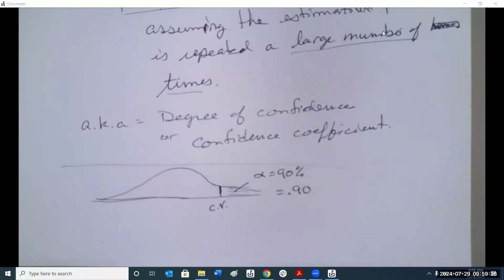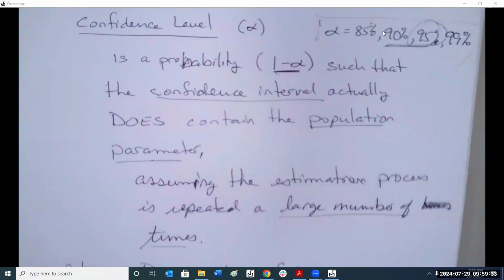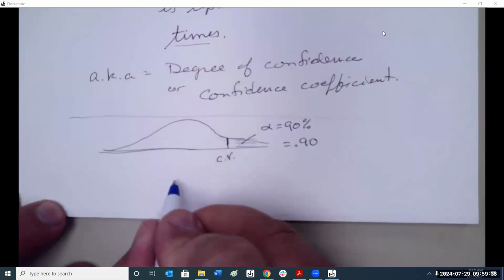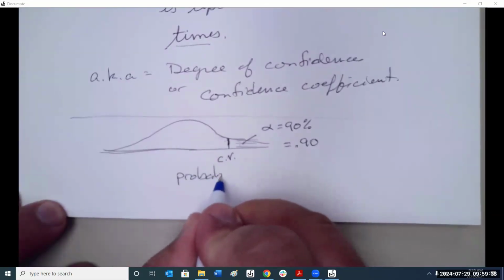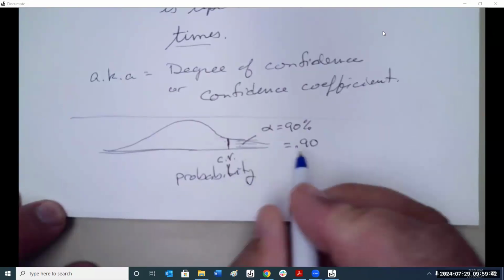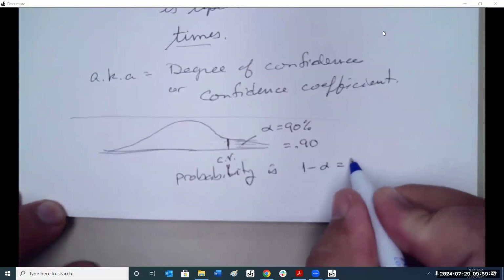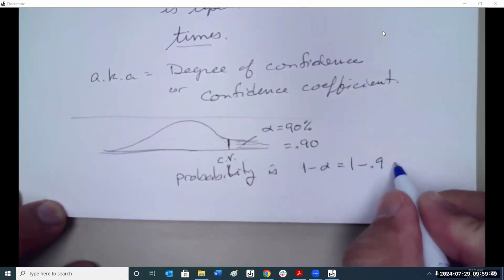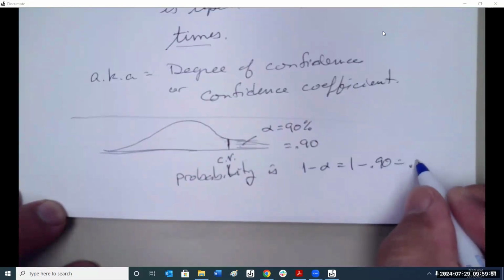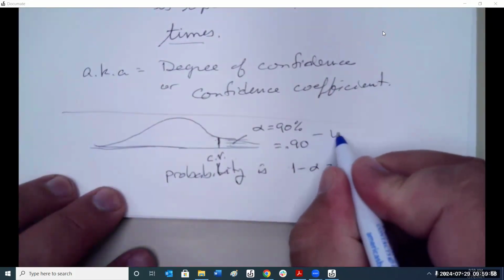So one of two things can happen. Well, remember the formula we have here is 1 minus alpha. So our probability is 1 minus alpha, or 1 minus 0.9, which is 0.10. So this is our level of confidence.